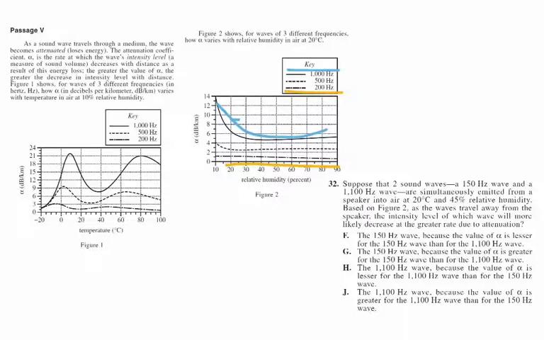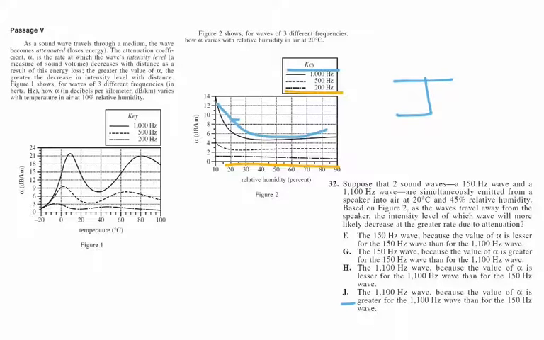Now let's look at the answers. The 150 hertz wave, because the value of the coefficient is lesser for the 150 wave than for the 1100 hertz wave. That is true, but it doesn't fit. Let's see if this other one is it. The 1100 wave, because the value of the coefficient is greater for the 1100 wave than the 150 hertz wave. That's got to be the answer. So it's got to be J, because it starts higher, so it can decrease at a greater rate.